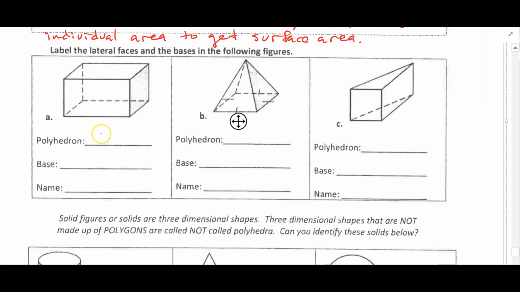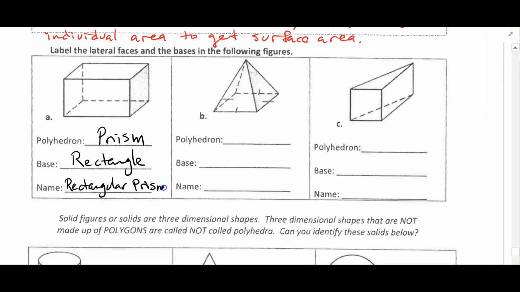So this first polyhedron is a prism, if you recall. And the base is a rectangle, and therefore we would call this a rectangular prism. All right, so this should be review.